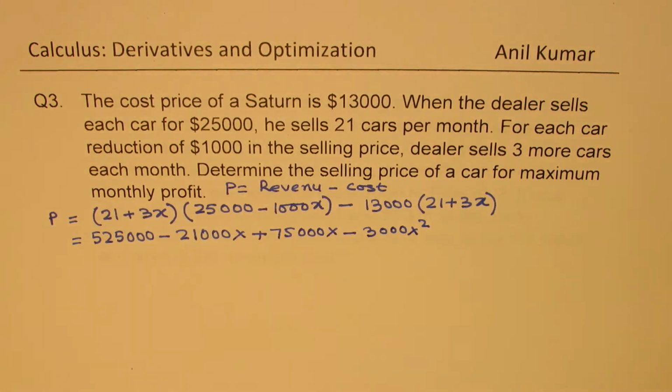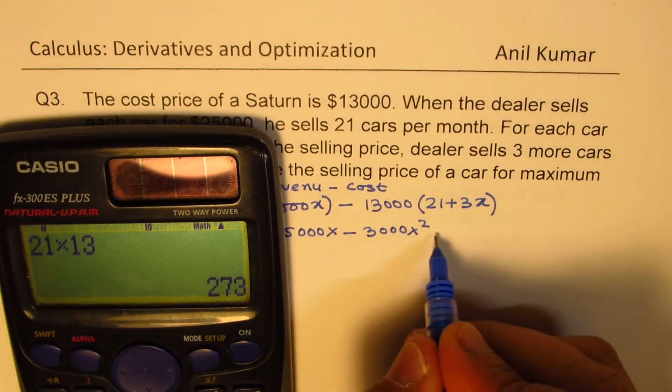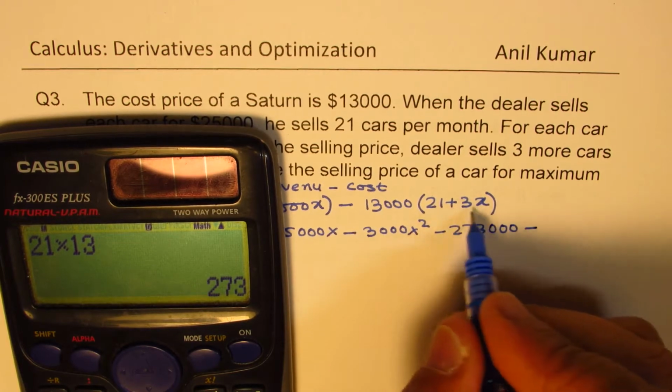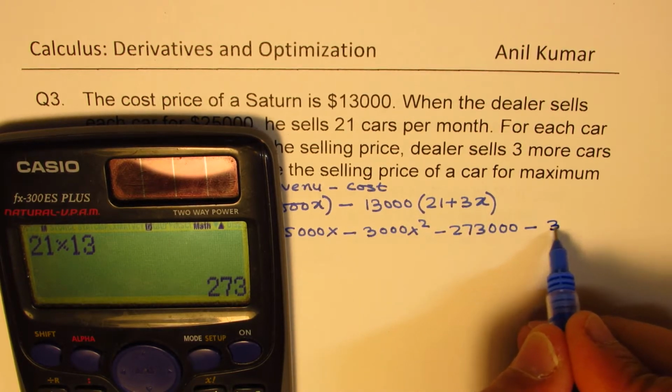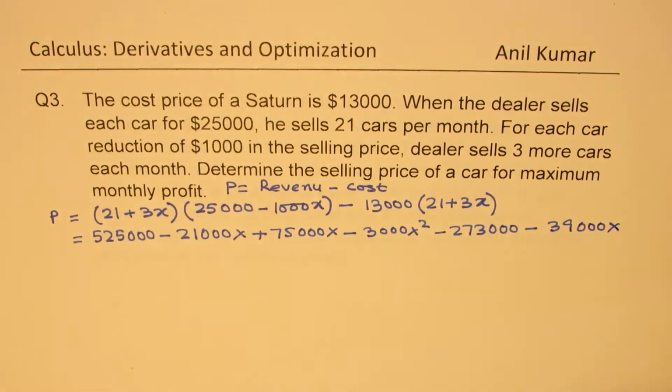And then we have 21 times 13 in thousands, 273, minus 273,000 minus 39x, 39,000x, right? So that's what we get.